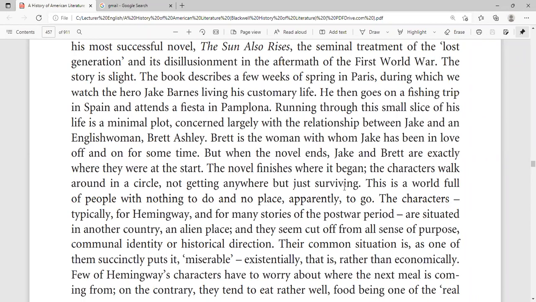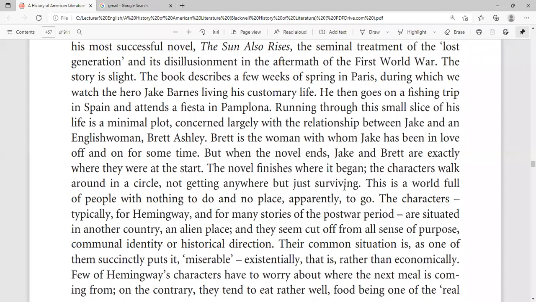We can see that The Sun Also Rises presents the similar dilemma that was seen in The Waste Land of T.S. Eliot. This is a world full of people with nothing to do and no place apparently to go. We can hear Samuel Beckett's Waiting for Godot echoing, meaning nothing to do and nowhere to go.